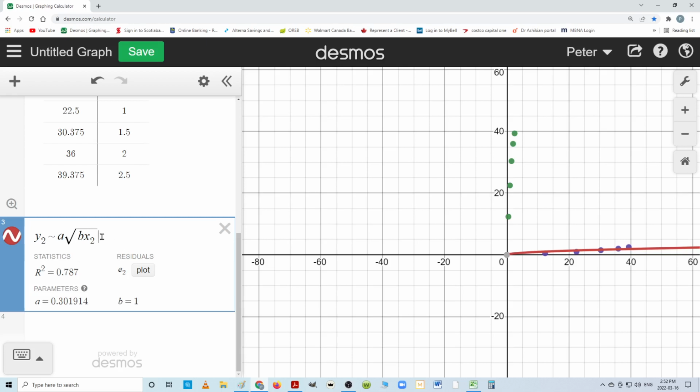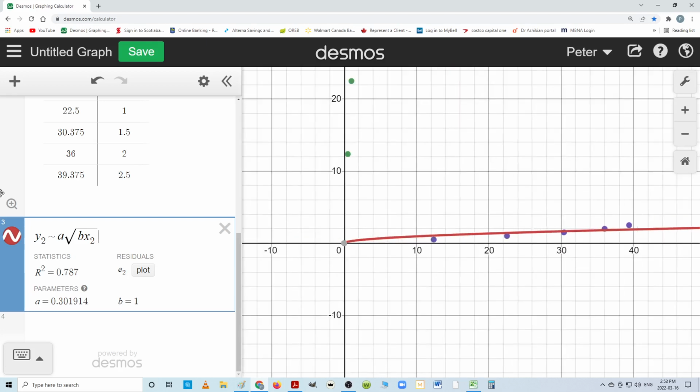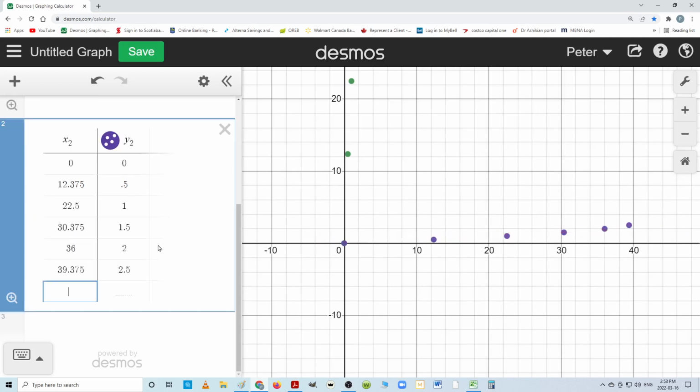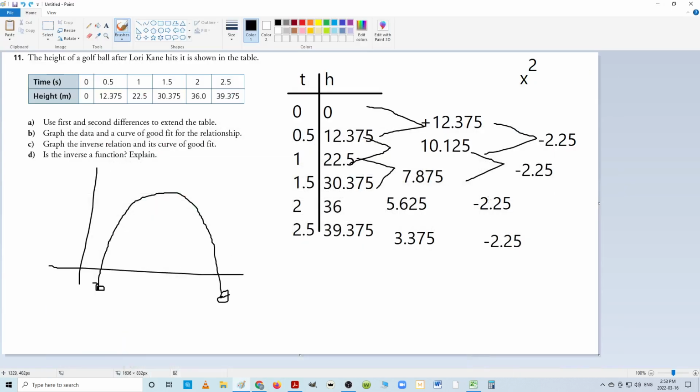And let's see if it's capable of doing it. No, it's saying it's a b, just 1, and I can see that doesn't quite fit. So I mean, I could do a negative a, but that's still not going to fit.